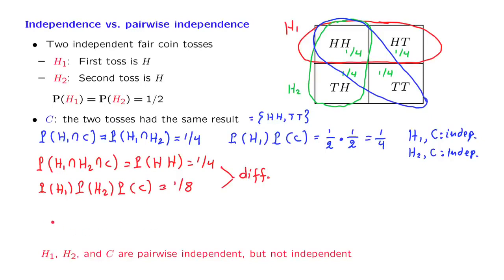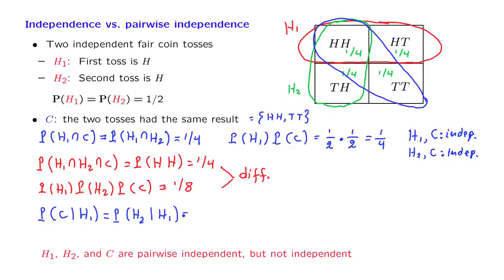If I tell you that event H1 occurred, and I ask you for the conditional probability of C given H1, what is this? Given that the first result is heads, the only way that you can have the two tosses having the same result is if the second toss also results in heads.